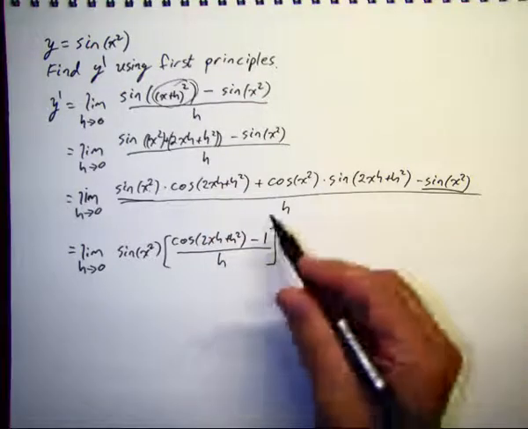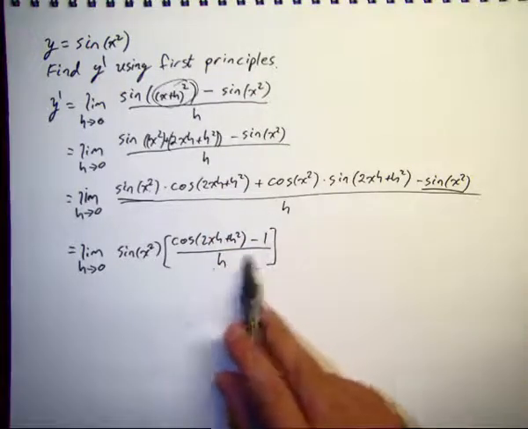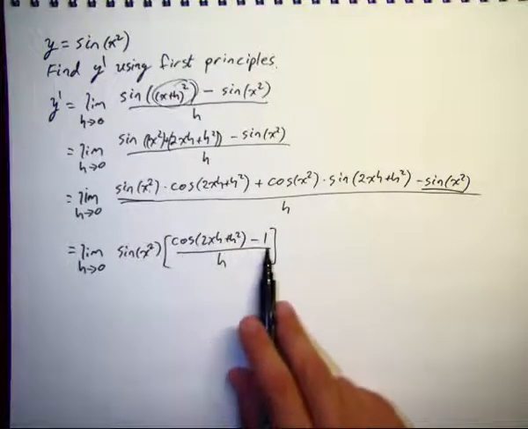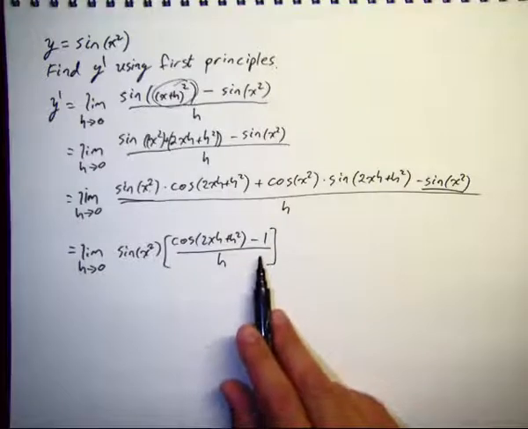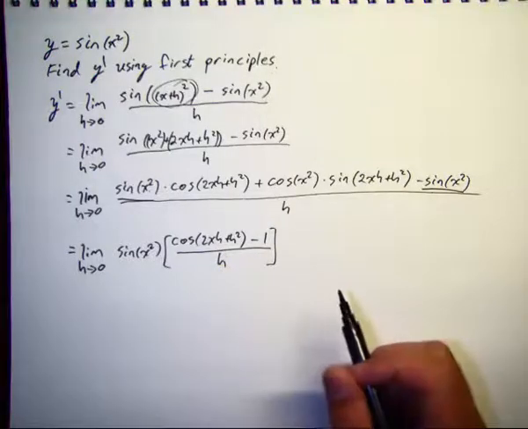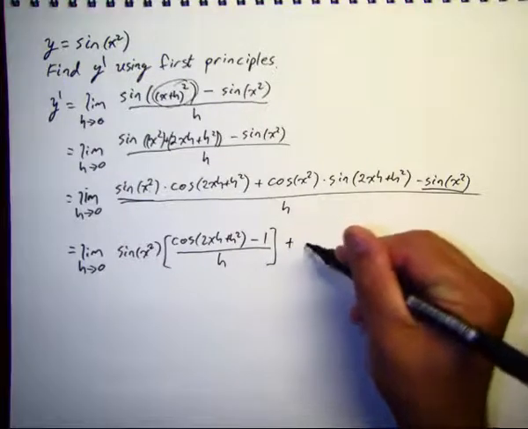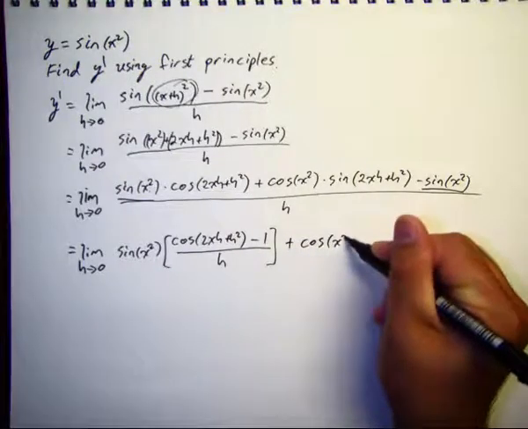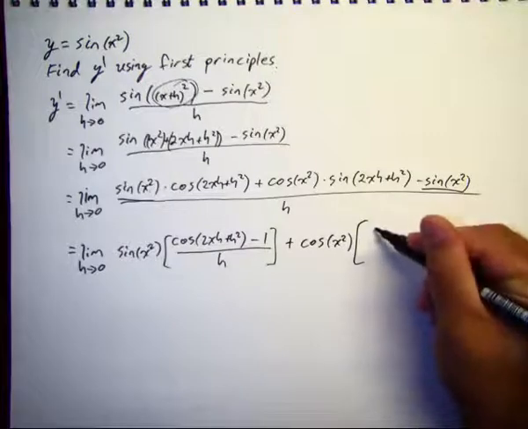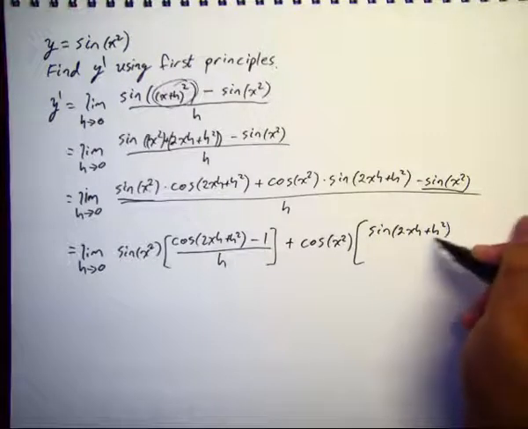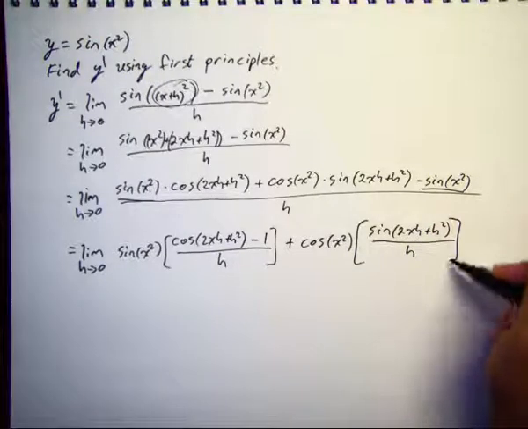That looks a lot like cos theta minus 1 over theta. So it's something where we expect it to go to 0, but we don't have it immediately. We'll have to play around with it a little bit more. And then plus cos of x squared times sine of 2xh plus h squared, all over h.